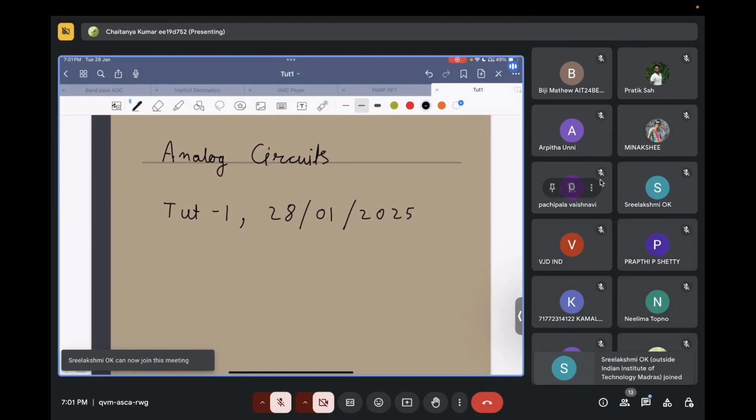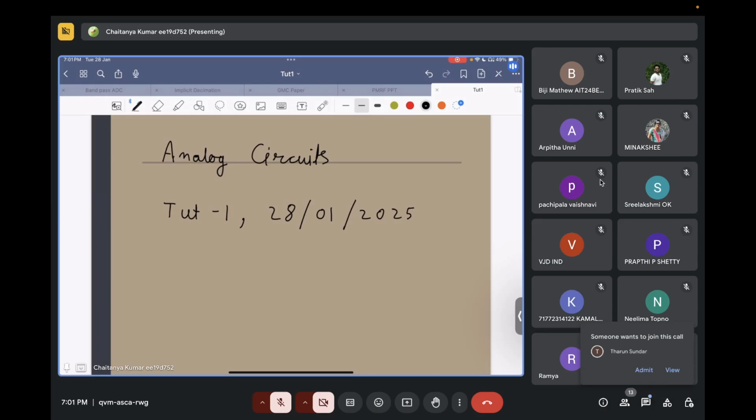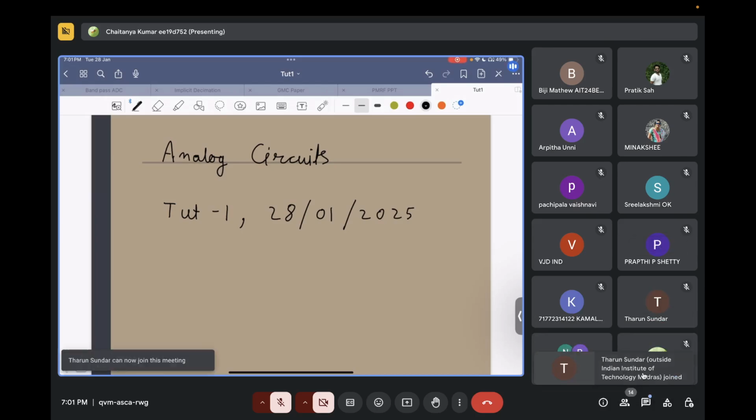The main purpose of this tutorial is that you can work out the assignments or the concepts that are taught, and if you have some doubts, you can see how the solutions of the problems happen. So you can come to these tutorials.